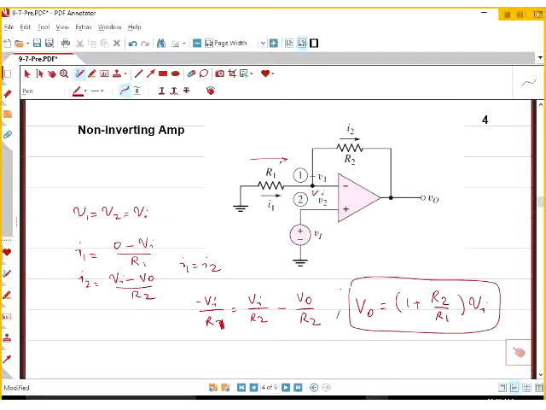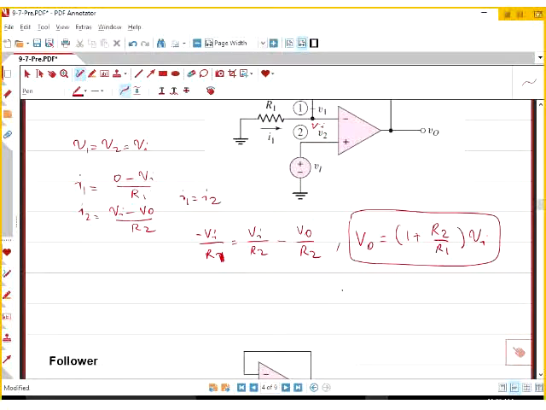As you can see, there is no positive, negative sign here. It's called non-inverting. There is no phase shift between input and output. I want to ask you a question. What is the input resistance now?